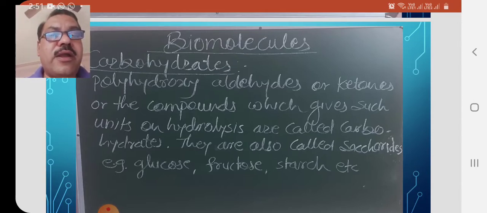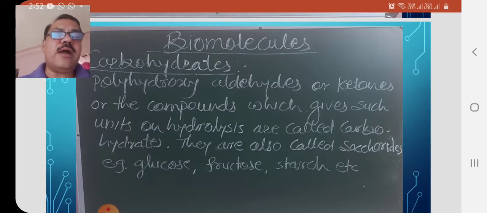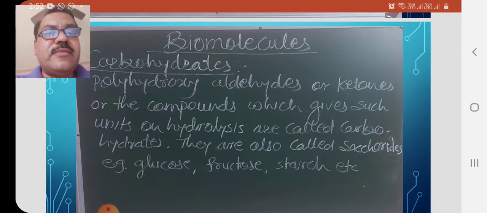Examples of carbohydrates are glucose, fructose, starch, maltose, lactose, galactose. There are more than 200 carbohydrates known up till now. We are mainly going to study glucose.